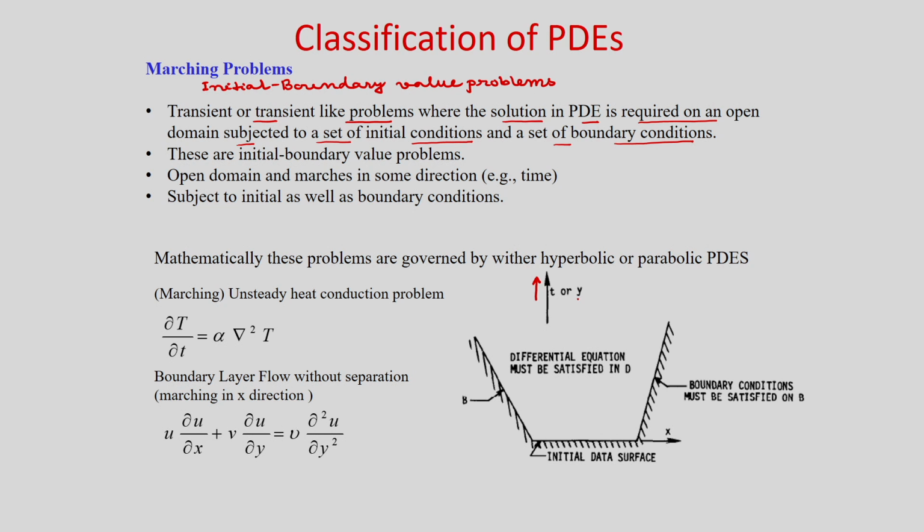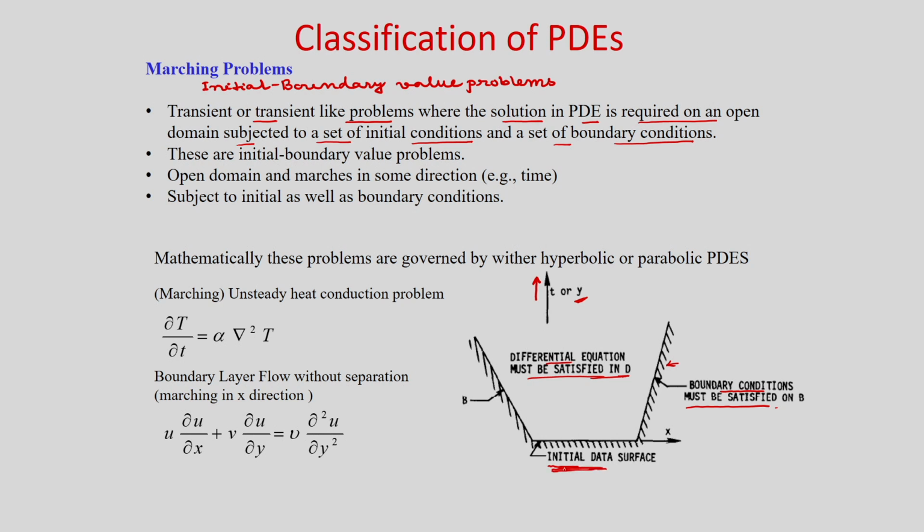You can have some special direction x or y, and you need to satisfy these boundary conditions at each time instance. The boundary condition must be satisfied on this B and the differential equation must be satisfied in the domain D. So, this is your domain. The differential equation must be satisfied in D, the boundary condition must be satisfied at the boundary, and you need to specify some initial condition.